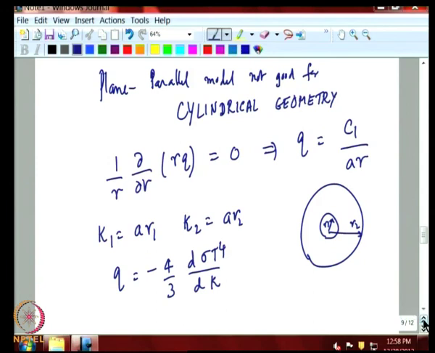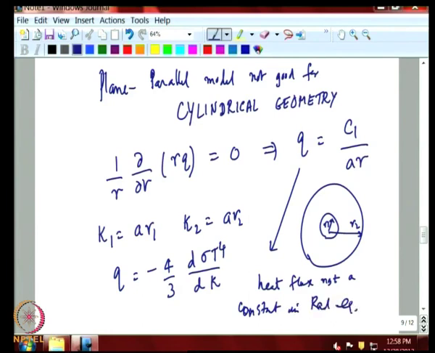So, notice that heat flux is not a constant in radiative equilibrium.